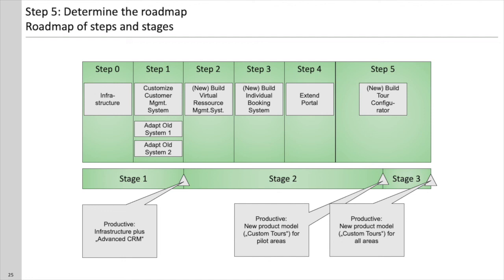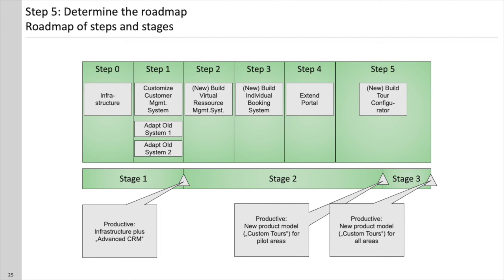See, this is for the main scenario, new business first. And then we have a second step to build the new virtual resource management and build the individual booking system and extend the portal.